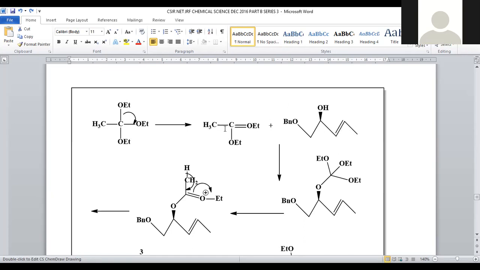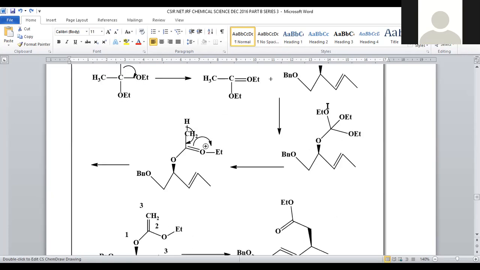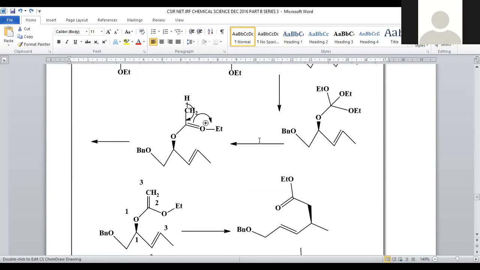Whenever this compound is added, what happens? Here we have oxygen with a lone pair of electrons. This oxygen with lone pair of electrons will be added to the carbon, just like nucleophilic addition at this center, right? So the carbon will be added at the center. So OEt taken thrice will be present around this carbon atom, and the entire straight chain will be as such. In this compound, one of the OEt groups is discarded and we will get a carbon-oxygen double bond again.